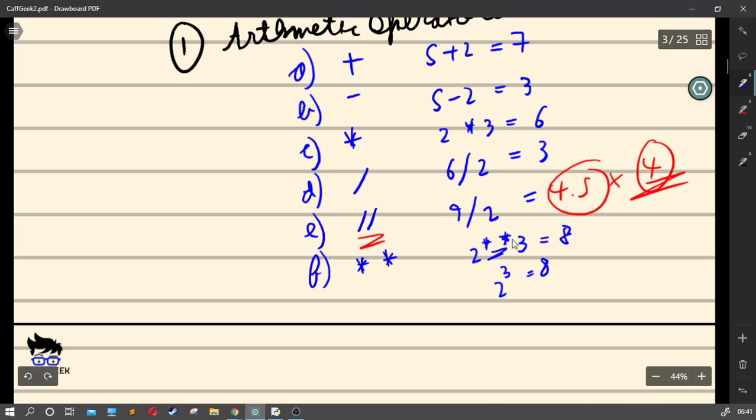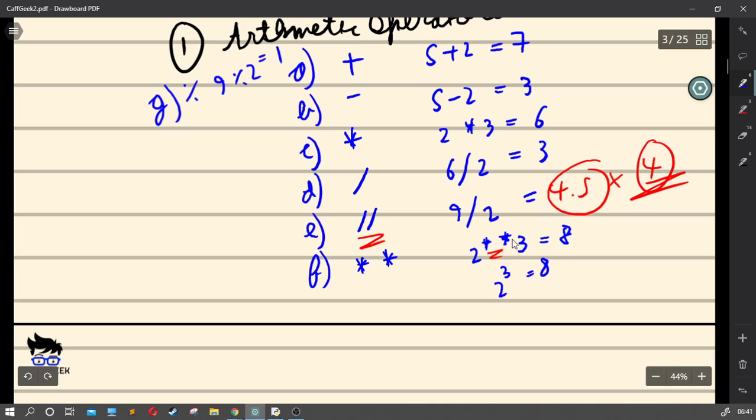We use this symbol to perform that. We have one more symbol, which is called modulus. For example, we would like to know what is 9 modulus 2, which is 1.